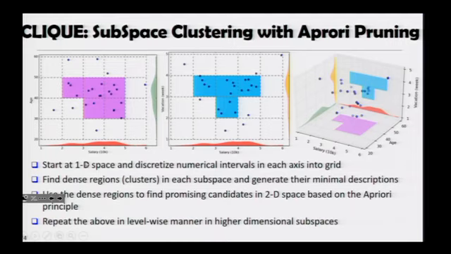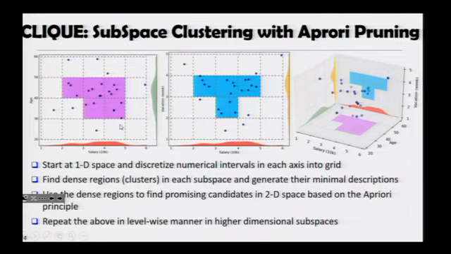The CLIQUE algorithm will first start at a 1D space. Let's say we pick the salary as the first 1D space. They partition the salary into several rows and then do the clustering within each row. Let's say with the salary, you can see the salaries between 30Ks and 50Ks may form a cluster, and that's for the salary part.